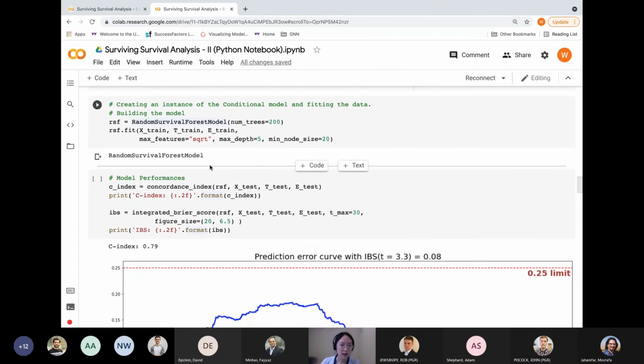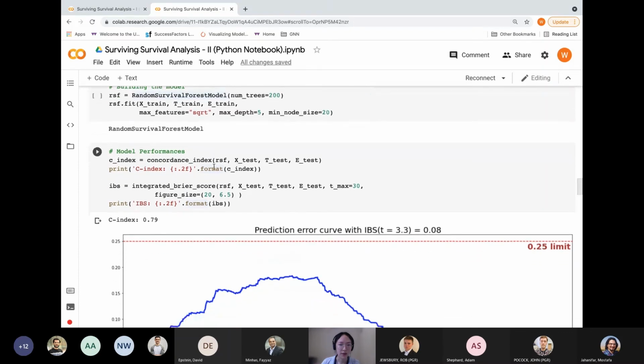So then we evaluate its performance on this test data set. Here you can see on this test data set, we get this concordance index 0.79 using this concordance index function.